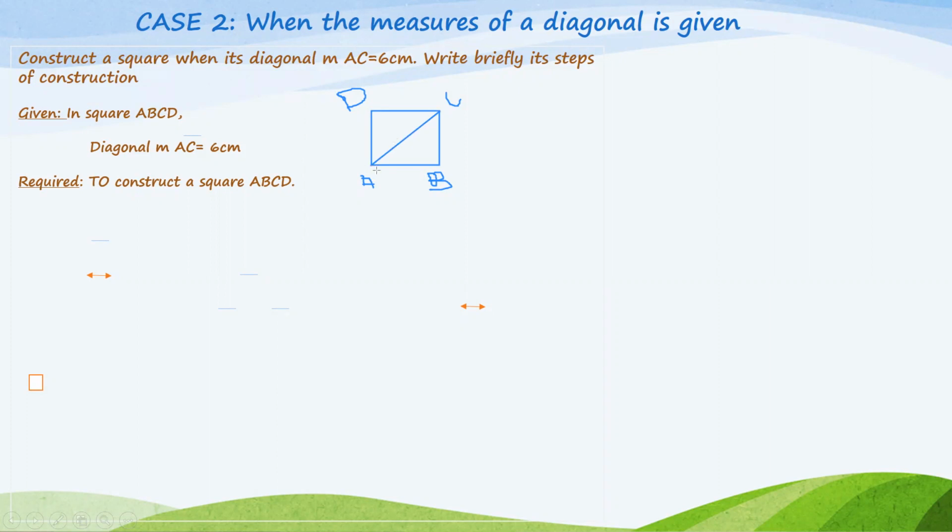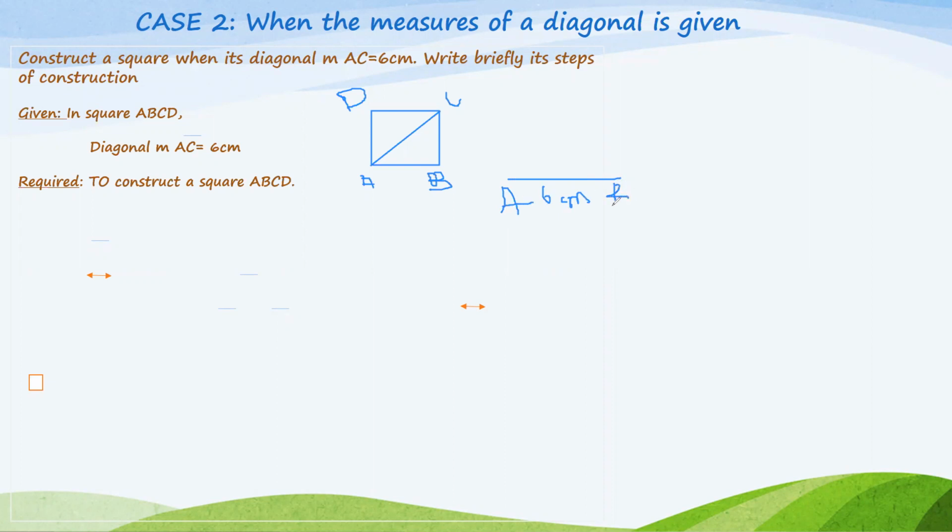So how can we construct a square when the sides are not given to you? Please remember this point that here the diagonal is given. Don't draw the diagram like this, writing 6 centimeter and AB over here.